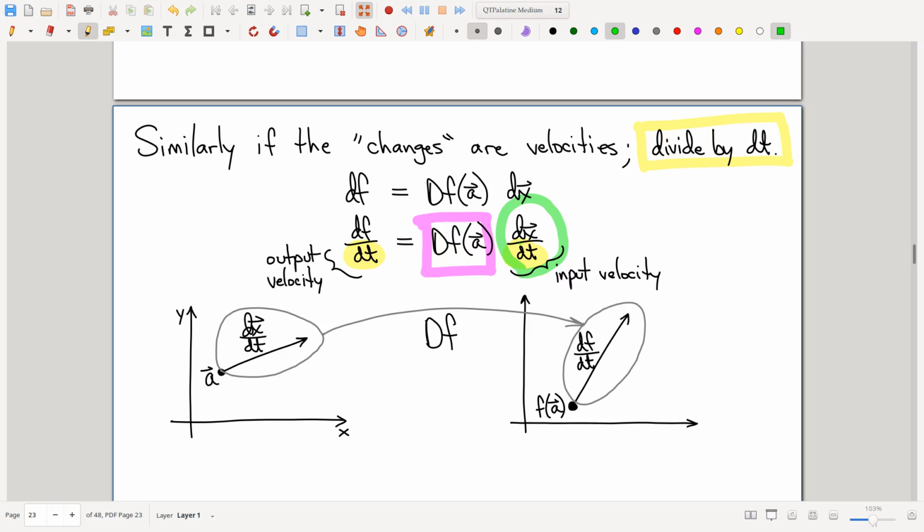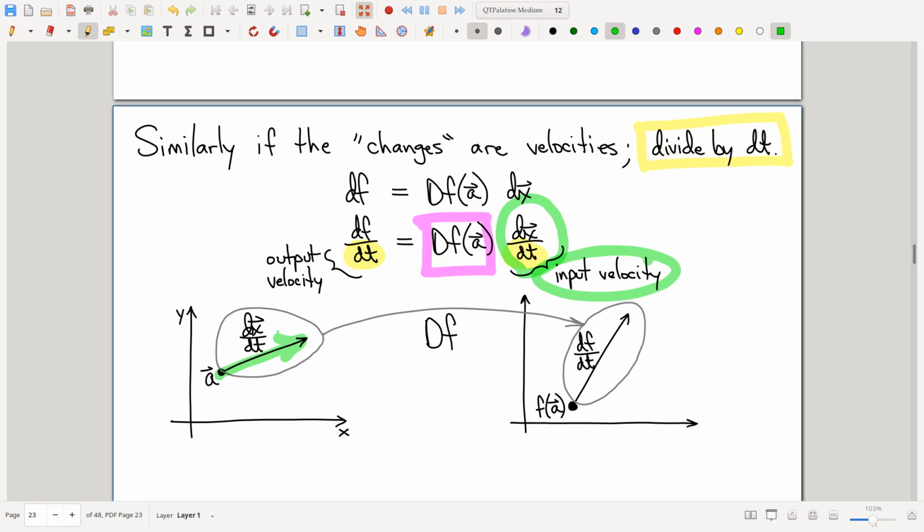But hopefully you've seen in single variable calculus classes that the derivative of position is velocity. More to come later. So this is what I'm going to call the input velocity, not representing a discrete change in position, but representing a rate of change of position. Still a change, but it's a rate instead of a jump.